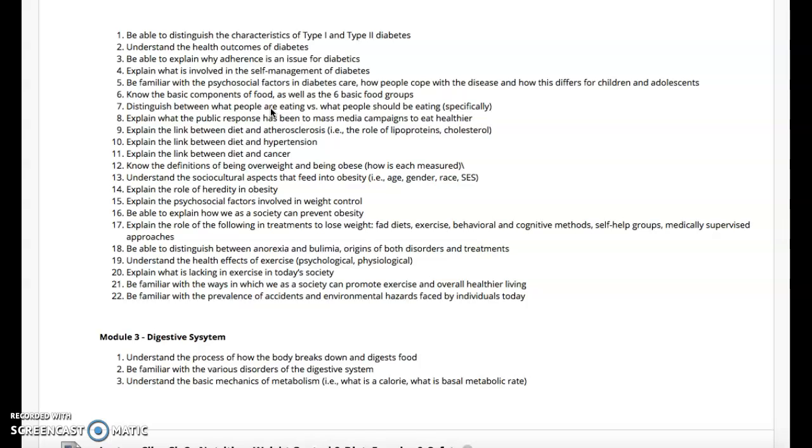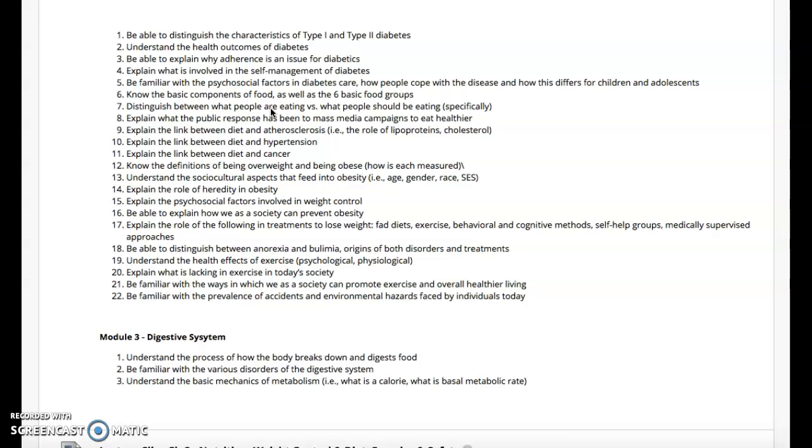Then it's going to get into the basic components of food, looking at the elements of food. You'll talk about all the basics from carbohydrates to proteins, to the specific nutrients within food, six basic food groups, and then distinguish between what people are eating versus what people should be eating.